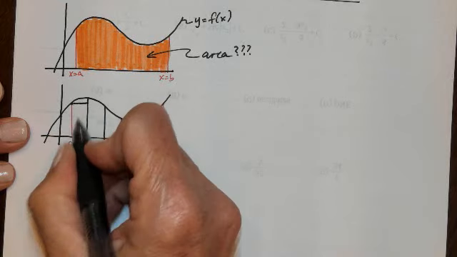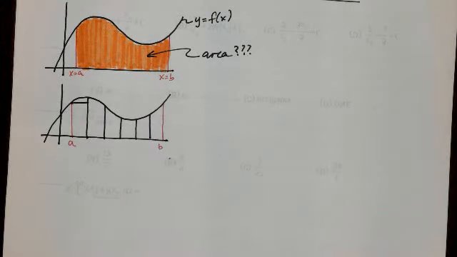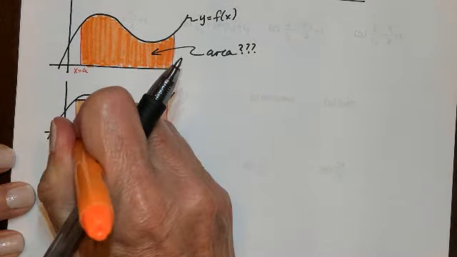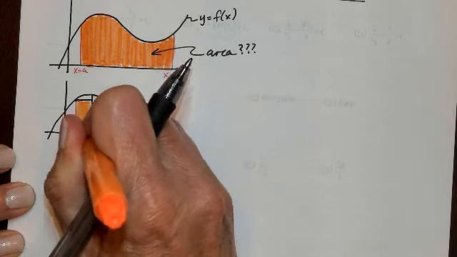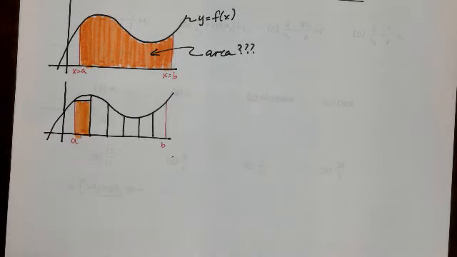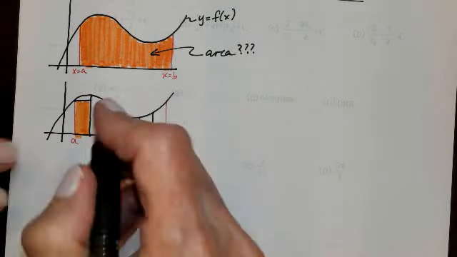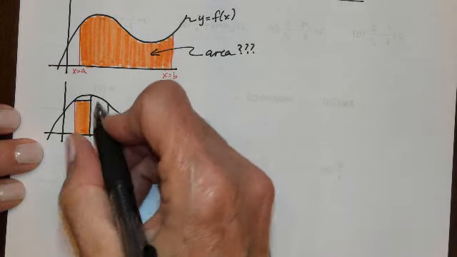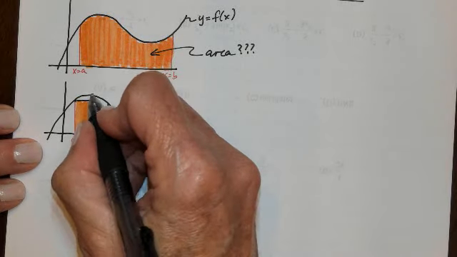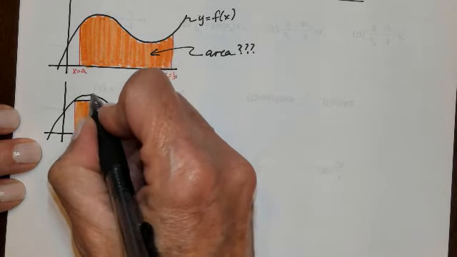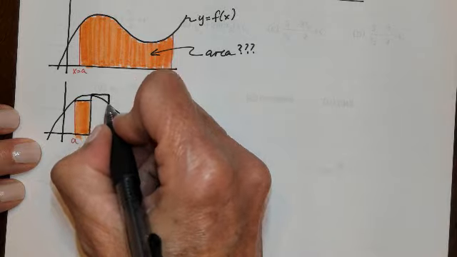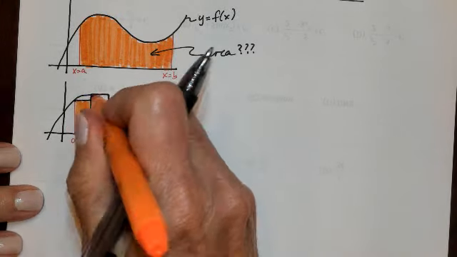So this would be the rectangle. And we could find the area of that rectangle, right? Because we know how to find the area of a rectangle. So if we continue that pattern, the next rectangle, this would be the height of that rectangle. So that would be what the rectangle would look like.